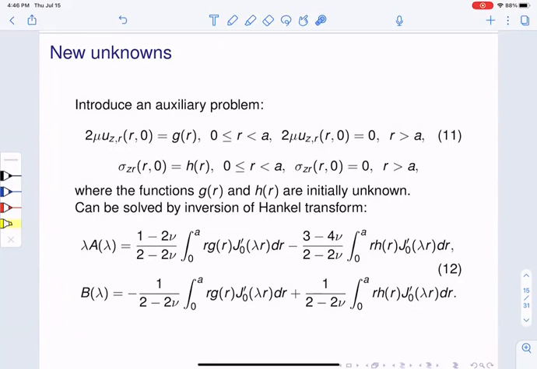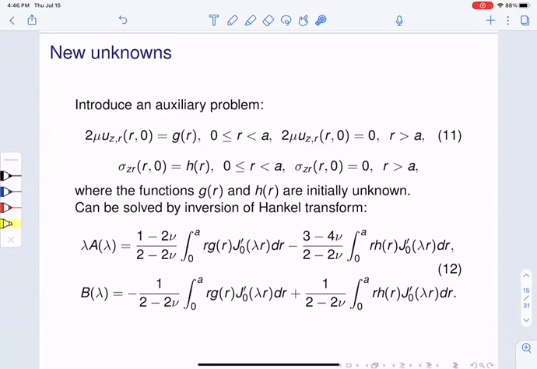This allows me to get rid of the outside part of my surface and deal just with the part inside the crack. Of course, for my problem, I don't know G and H right away, so that is something I still need to find.